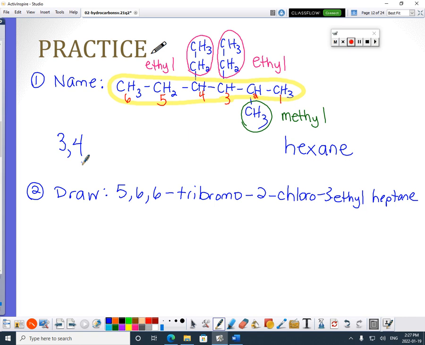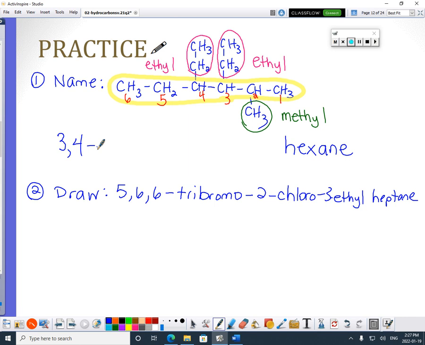Now, here's a really picky thing, okay? Technically, if there is more than one of them, you're supposed to go back to the mono, di, tri, tetra prefixes, and it's like, oh my gosh, are you kidding me?